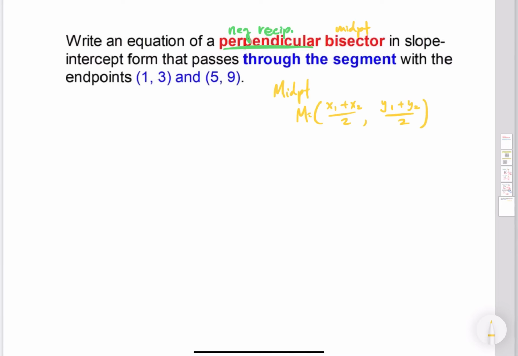So I want to figure out, okay, well, what is the midpoint of my line here? So I'm going to go ahead and calculate that midpoint by using these two values. So here's my x1, my y1, my x2, and my y2.